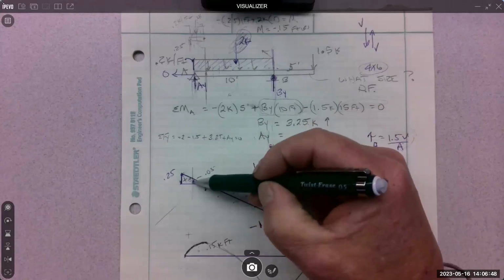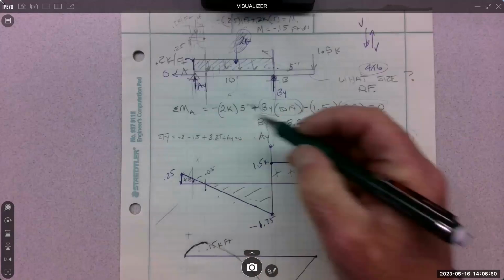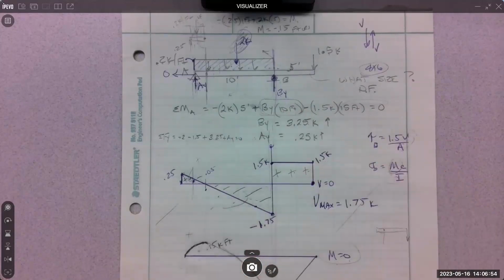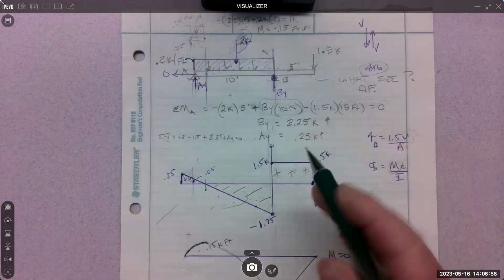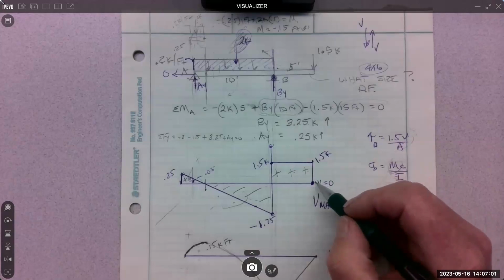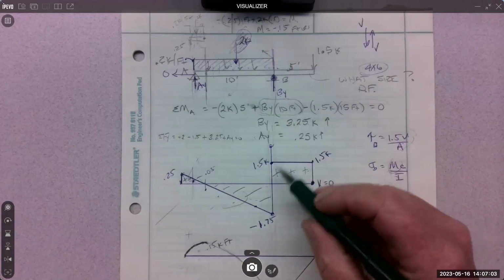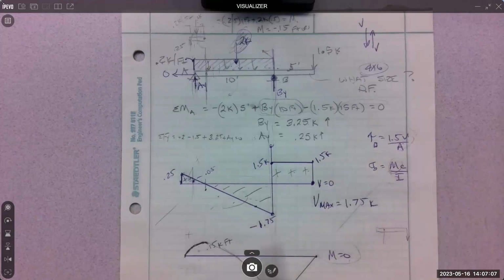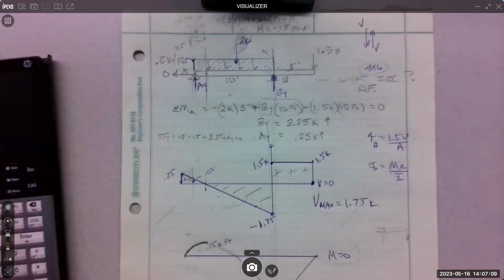So this triangle is a positive area. This triangle is a negative area. You got to add them up, because if you want the moment here, you got to look entirely left or look entirely right. I'm like, oh, well, this is way easier right here. This is just a rectangle. How do we get the area of a rectangle?